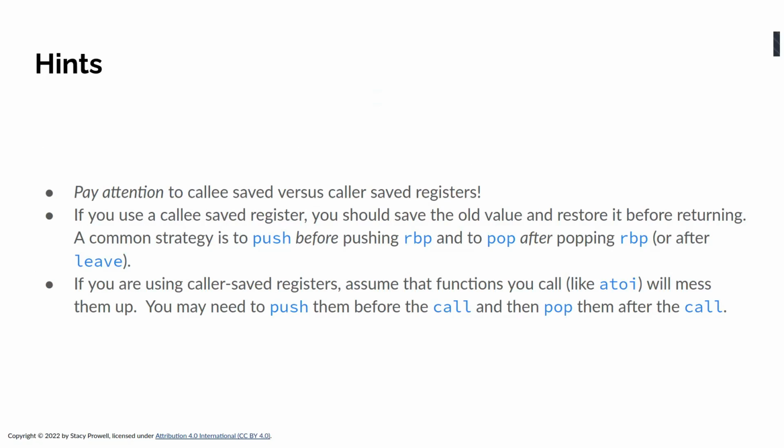You set up your registers just the way you want them, you call atoi, and it messes up your registers because there are callee saved registers that you are responsible for taking care of, and caller saved registers that the thing you call is responsible for taking care of. You need to understand the difference and be aware of that. But it's easy to get around that with push and pop, which is what the advice on this slide was.